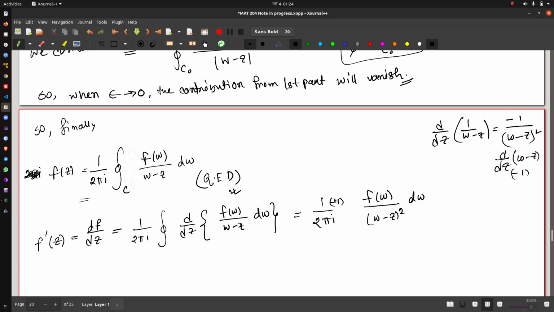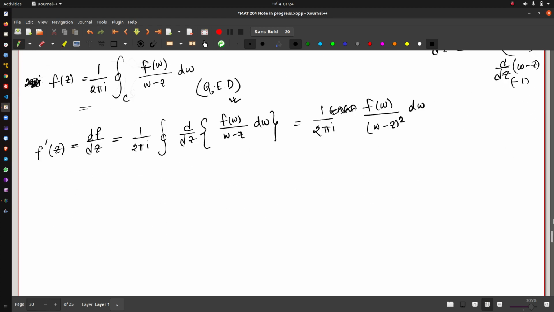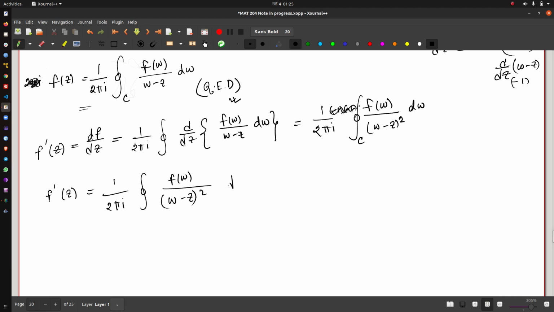So this is one way to see it. Nothing pretty interesting so far. What you can write is that the value of the derivative, obviously there should be an integral sign, is 1 over 2 pi i integral of f of w over w minus z whole squared dw.